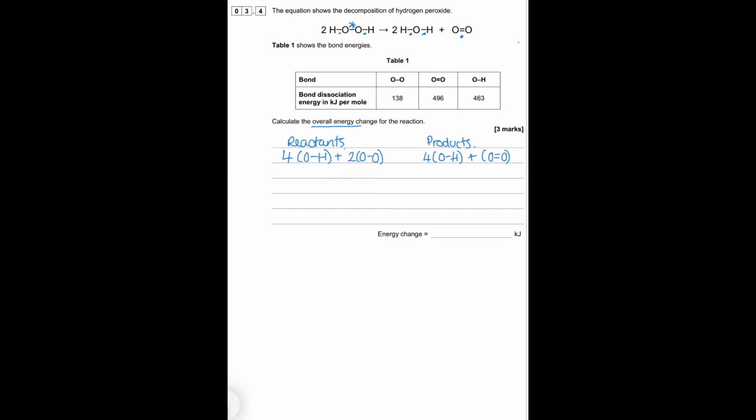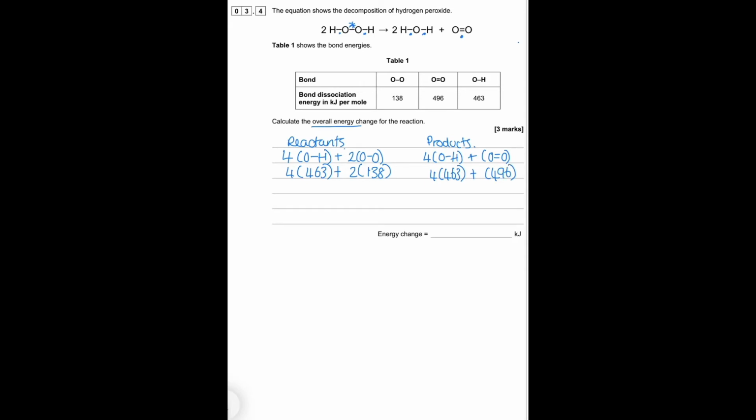Now if we use our tables, that is going to be 4 times our oxygen to hydrogen bond, so that's 4 times 463, plus 2 times our oxygen to oxygen single bond, so that's 138. And then on our product side, we've got 4 times our oxygen to hydrogen bond, so that's 463, plus an oxygen to oxygen double bond, so that is 496.